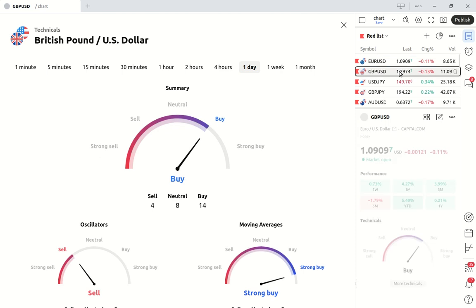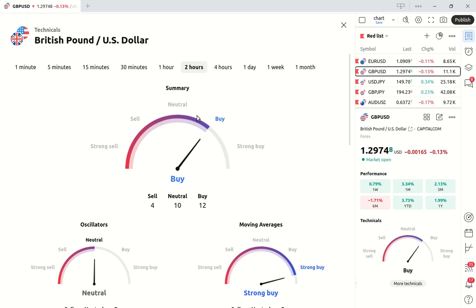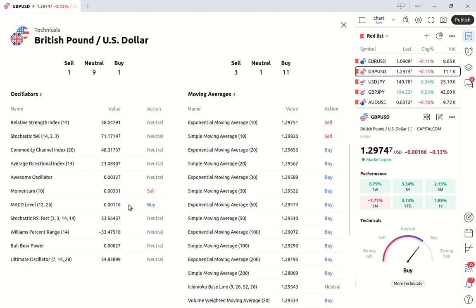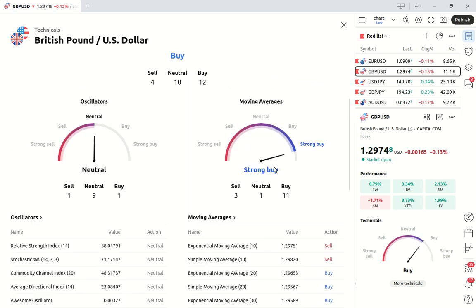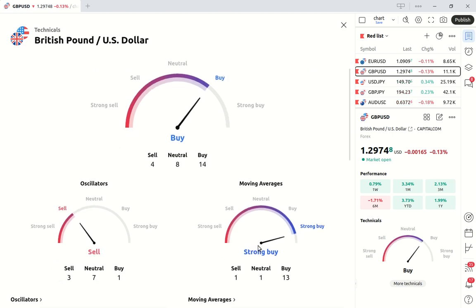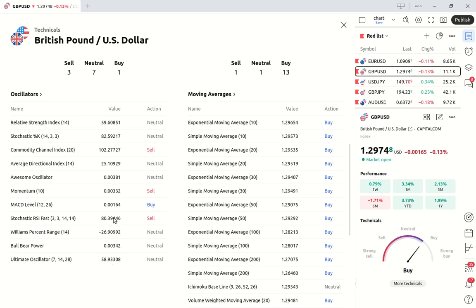Let's go to the next one now, so we can start even as far back as 2 hours. We're looking at the MACD level, which is a buy signal. Momentum is a sell. Strong buy signal on the moving average. Let's look at the 4-hour. Strong buy signal on the moving average, which is awesome.